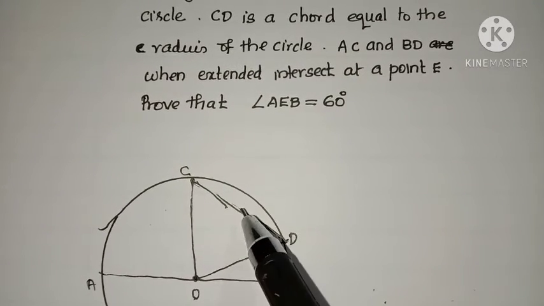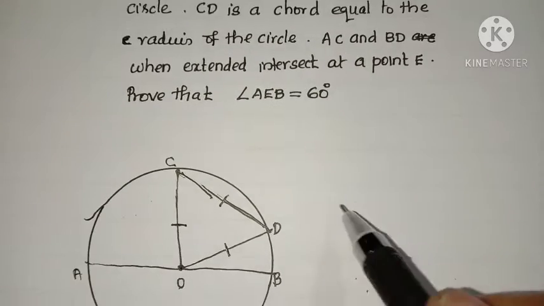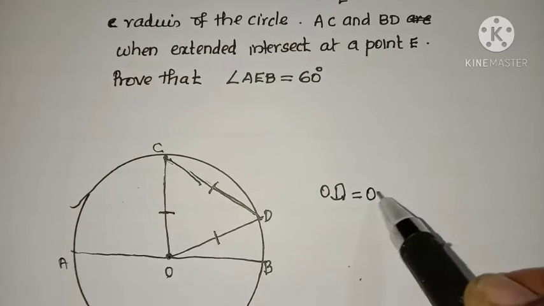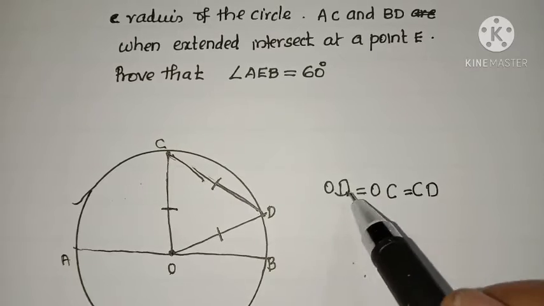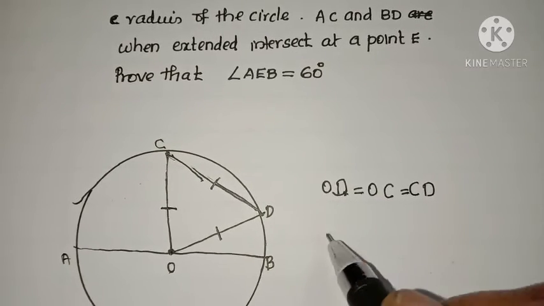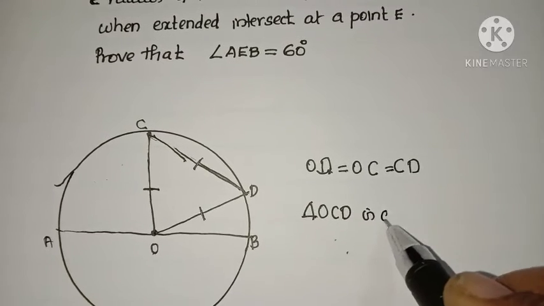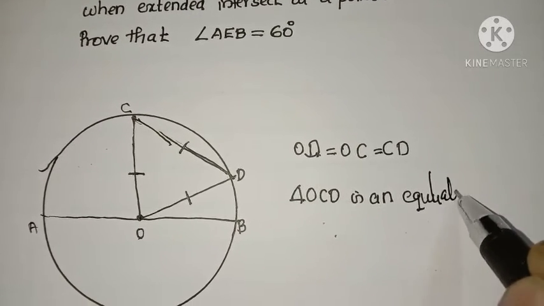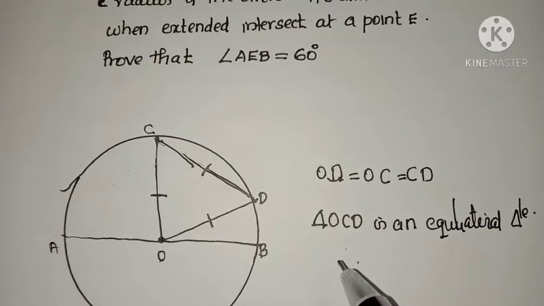So radius and chord are equal means these three distances are equal. OD equal to OC equal to CD. Three sides are equal means, listen, triangle OCD is an equilateral triangle, isn't it? Equilateral triangle because all the three sides are equal.